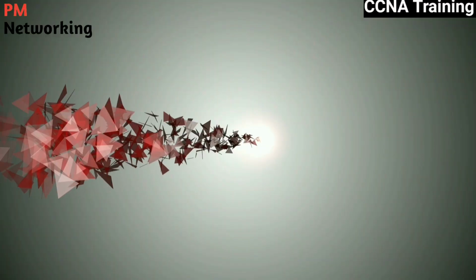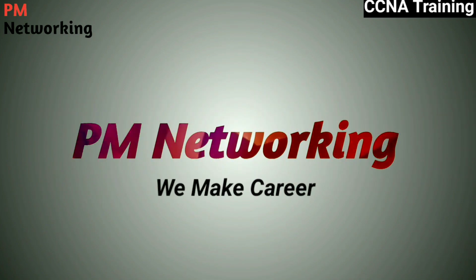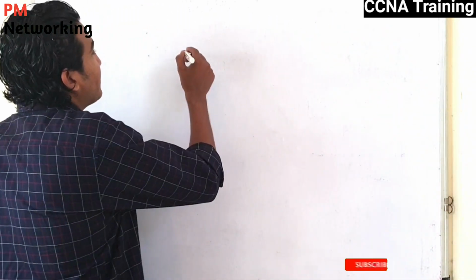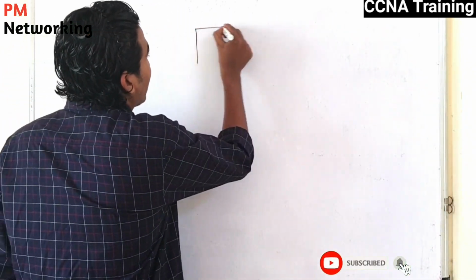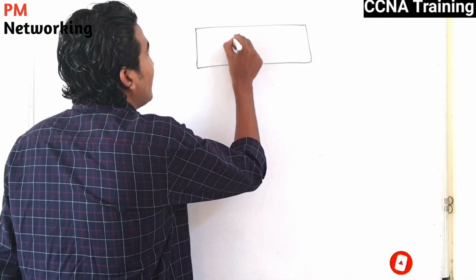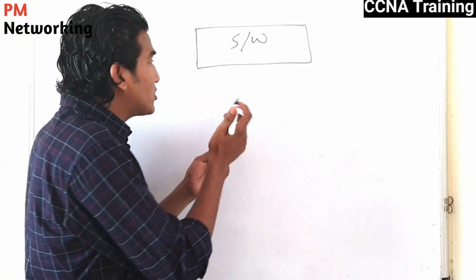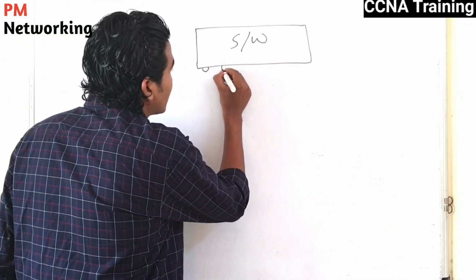So without wasting our time, let's start our topic. So let me take one switch over here. Suppose this is my switch, right? As we know, a switch has some ports.